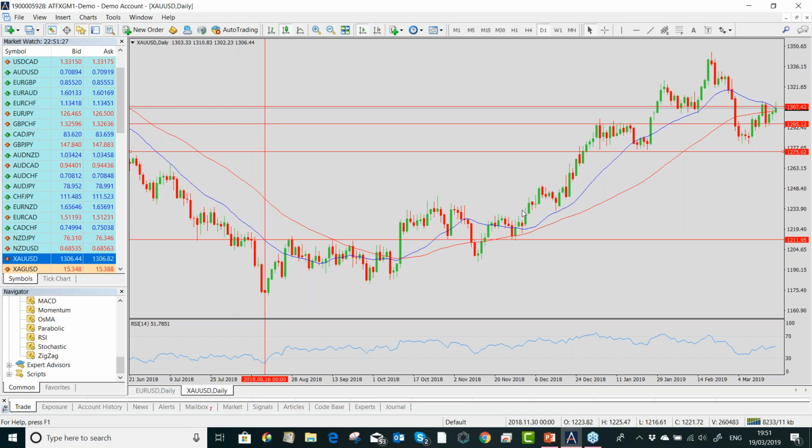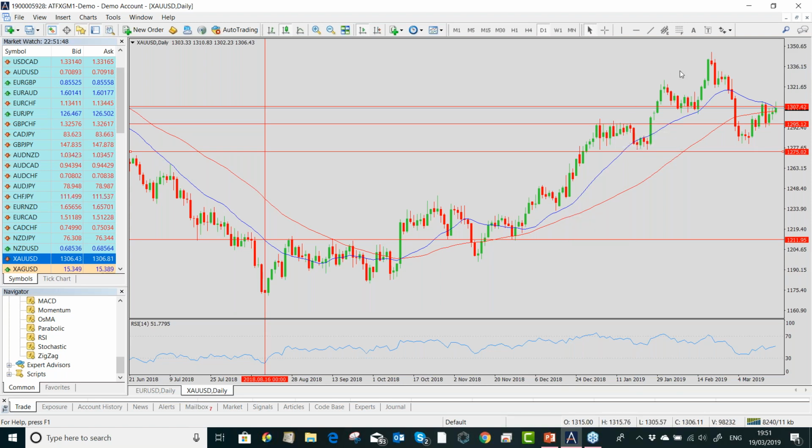And price action in terms of candlestick patterns or price chart patterns, that can help give us an indication of direction. Are we going to be trading a breakout, or are we going to be trading a kind of trend following system?